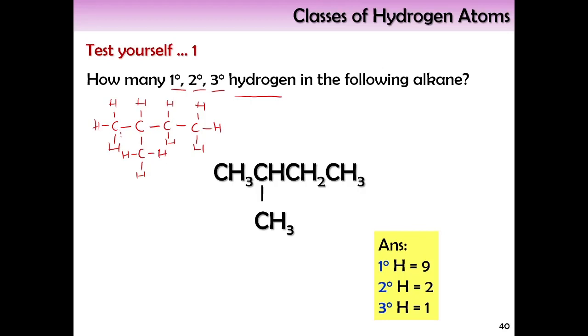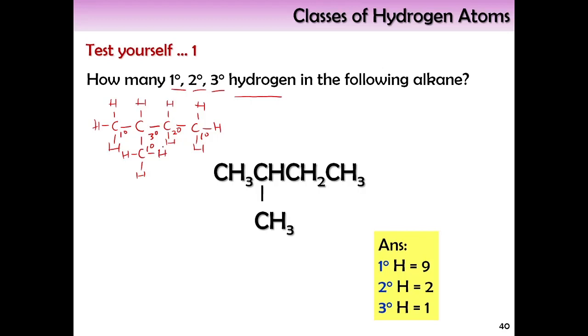Okay, so this is primary, this is tertiary because there are 3 carbon, 1 2 3. This is primary, this is secondary because there are 2 carbon attached to this carbon. This carbon have 2 carbon, and this one is primary.